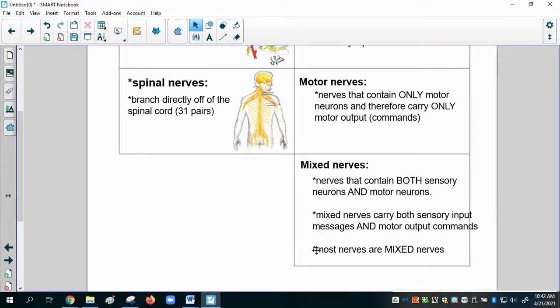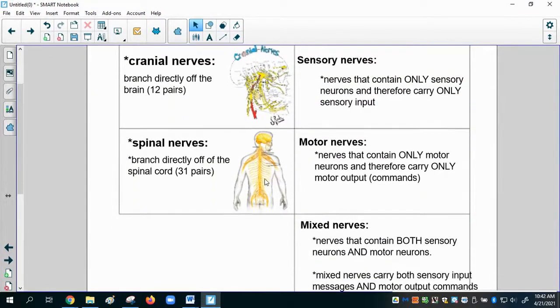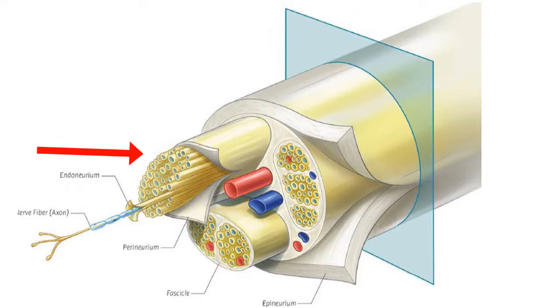And it turns out that most of the nerves, all of your spinal nerves, and most of your cranial nerves are mixed nerves, meaning information goes up to the brain and out of the brain to the body inside the same nerve. That's the reason why nerves have to be broken into bundles called fascicles, because some of those fascicles carry sensory neurons and some of those fascicles have motor neurons.